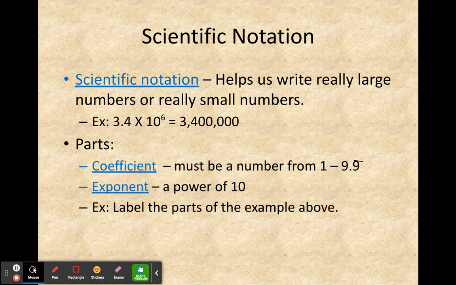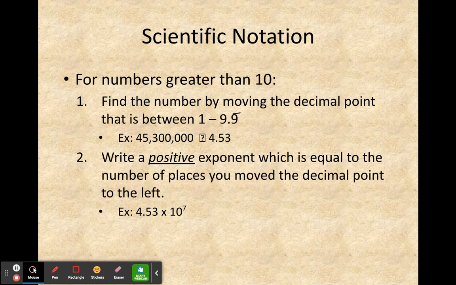Anybody need more time? So for numbers greater than 10, you find the number by moving the decimal point between 1 and 9.9. In the example, 45,300,000, the only number that you can create is 4.53.